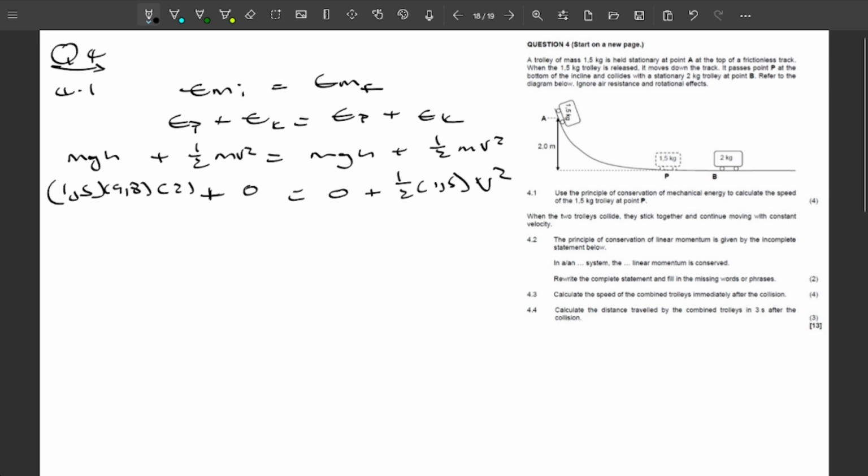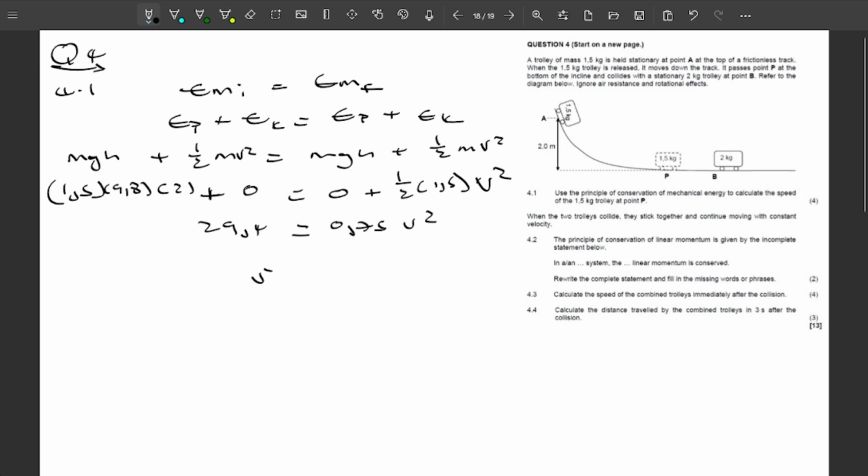The v squared. You can simplify it or not, but let me simplify it with you guys. 1.5 times 9.8 times 2 is 29.4, and then 1/2 times 1.5 is 0.75 v squared.